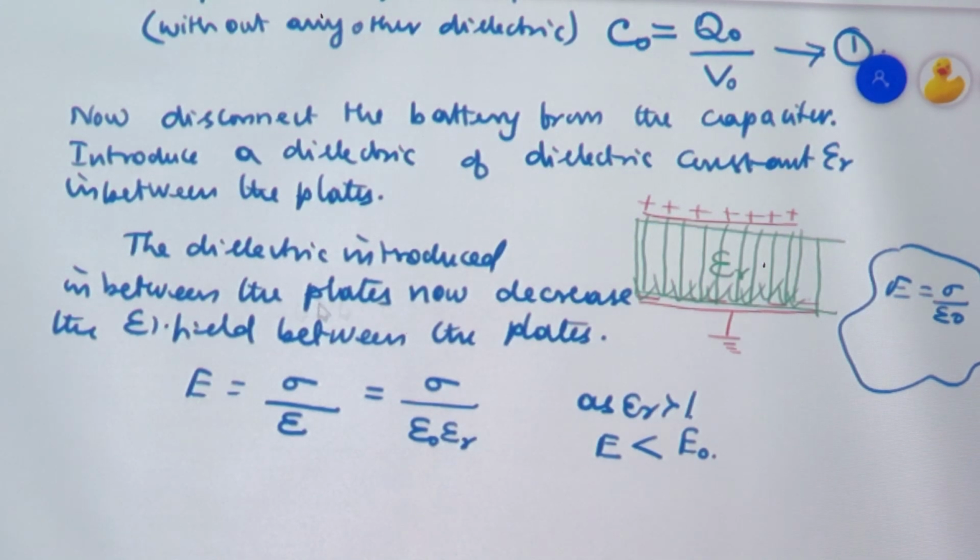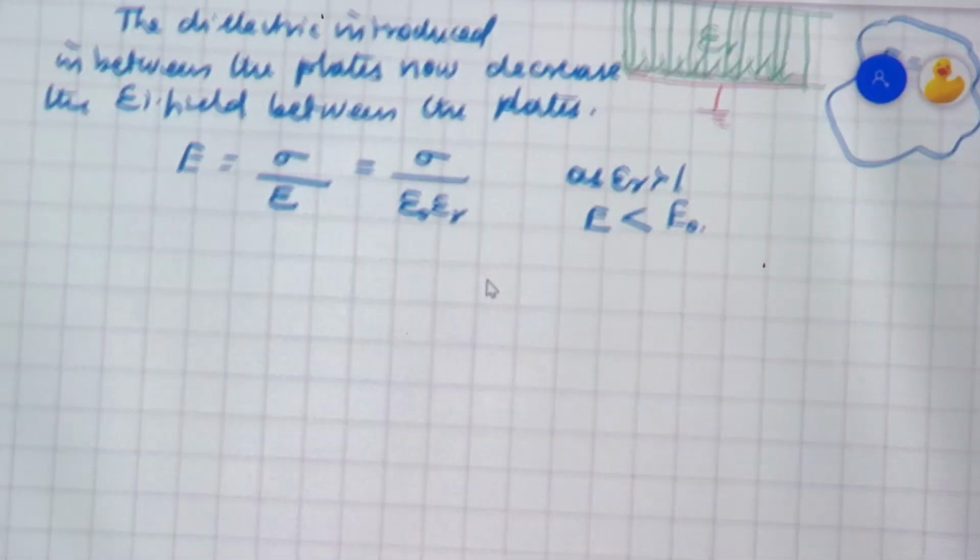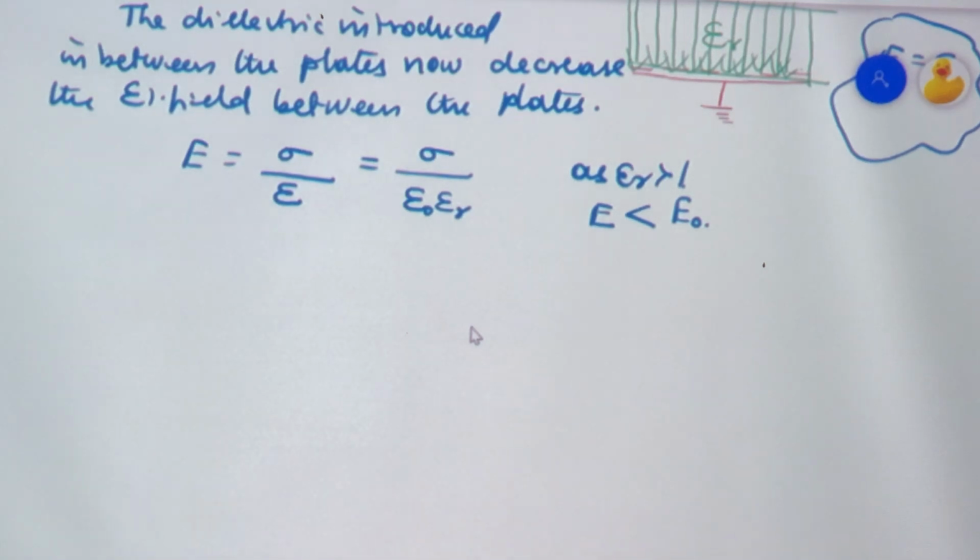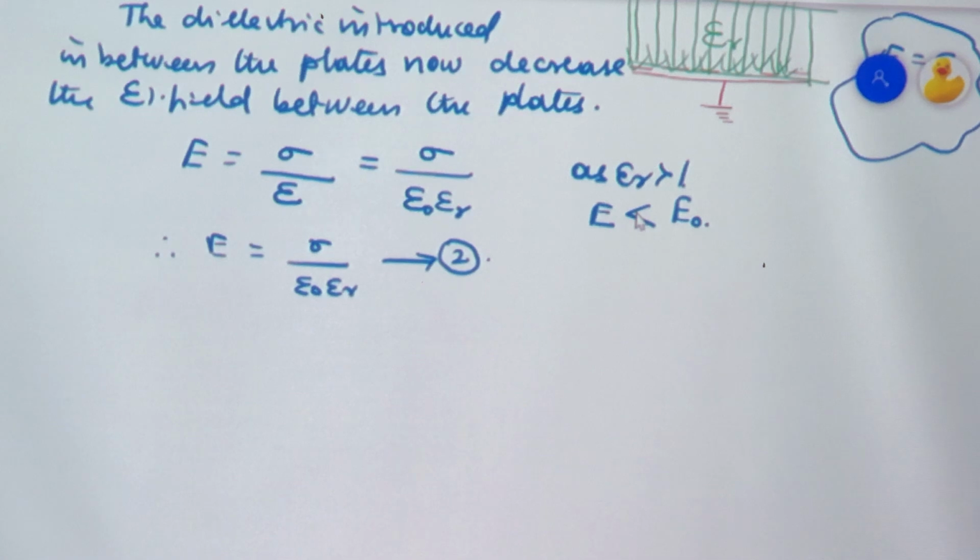That is what I have told here. When you are introducing the dielectric in between the two plates, automatically the electrical field in between the two plates gets decreased. That electrical field E can be written as sigma divided by epsilon 0 into epsilon r. Let us consider this as equation number 2. So we can say E is less than E0. What is E0? E0 is the electrical field when air is there. Since epsilon r is greater than 1, E is less than E0.